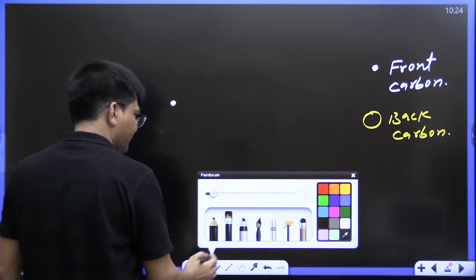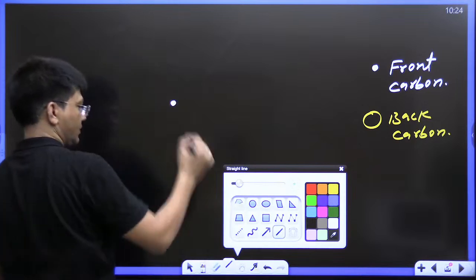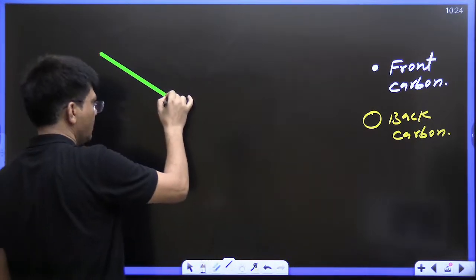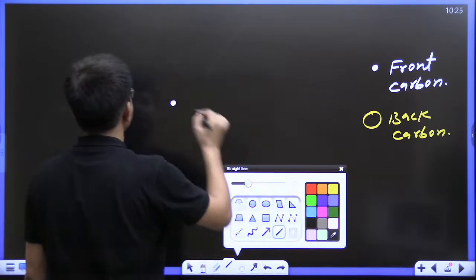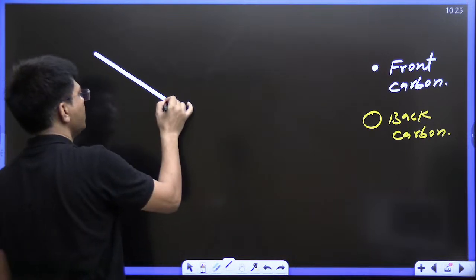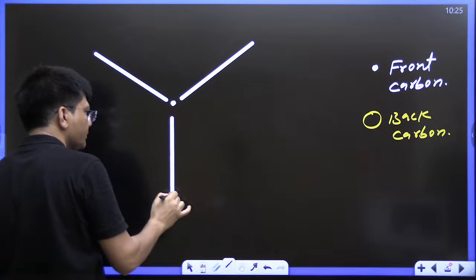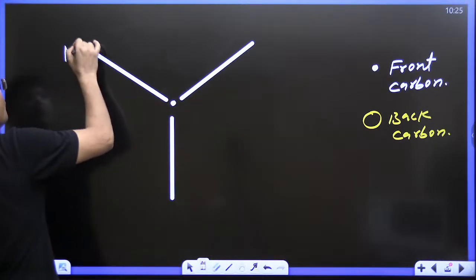On the front carbon, these are 3 hydrogens attached: 1, 2, and 3. These are the three hydrogens which are attached on the front carbon.